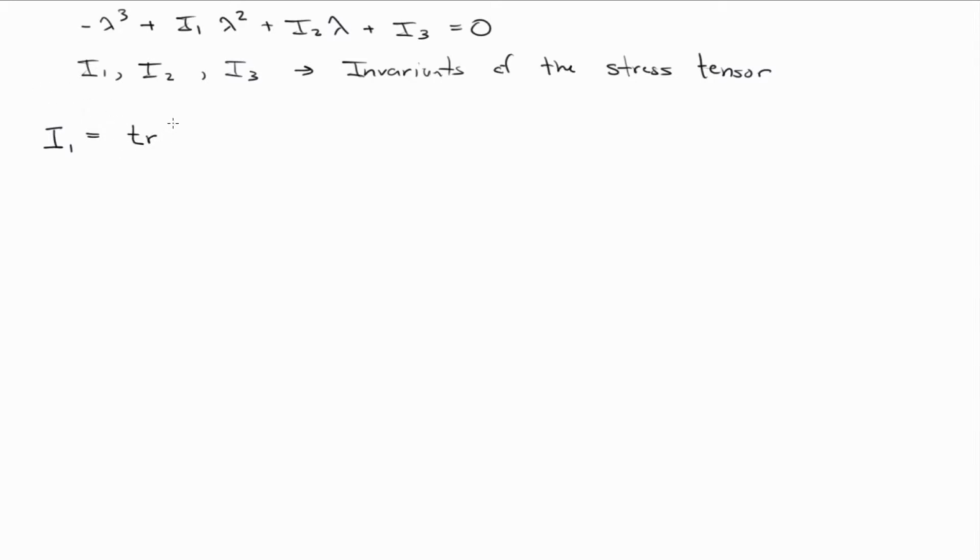The invariant I1 is the trace of the stress tensor, or in index notation, we write that sigma ii. And in terms of the principal stresses, the eigenvalues, it's sigma 1 plus sigma 2 plus sigma 3.